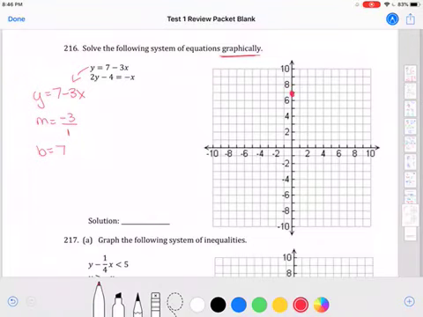I start by putting a point on 7 on the y-axis. And then my slope is to rise a -3, so rise down 3. And then I always run right. So right 1, down 3, right 1, down 3, right 1.